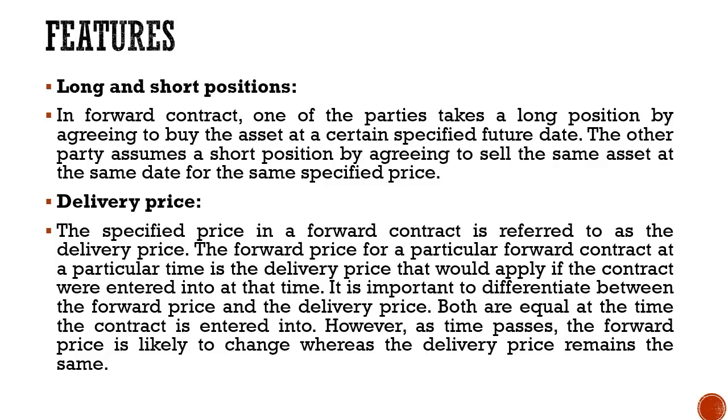After 1 year or after 1 month, Mr. X agrees to pay Mr. Y for particular asset, but at the rate of 50. So at the time of contract, the delivery price and the forward price both are same. But however, as time goes on, the forward price may change. However, the delivery price, that is the price at which the contract was set, will remain the same.